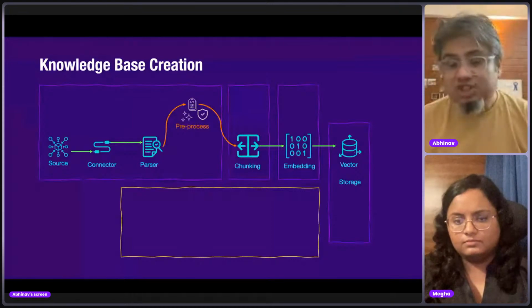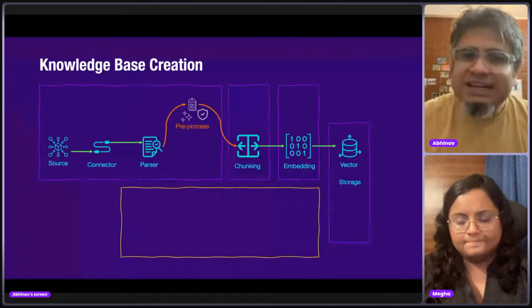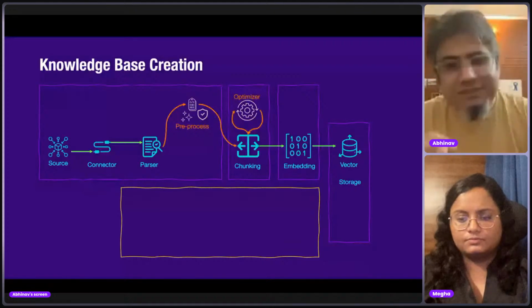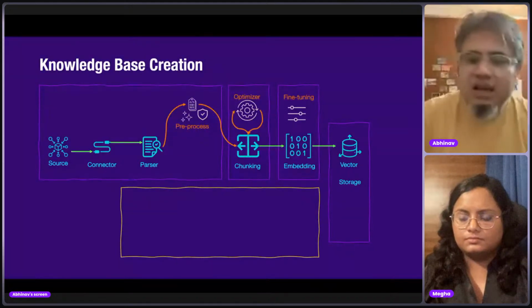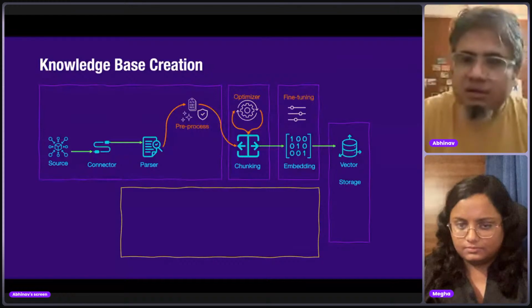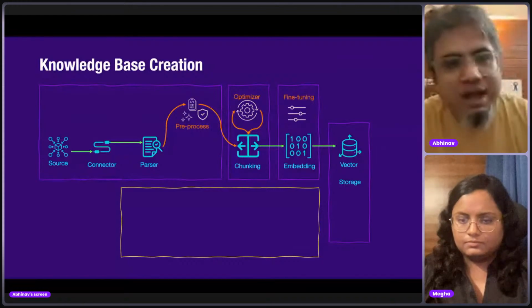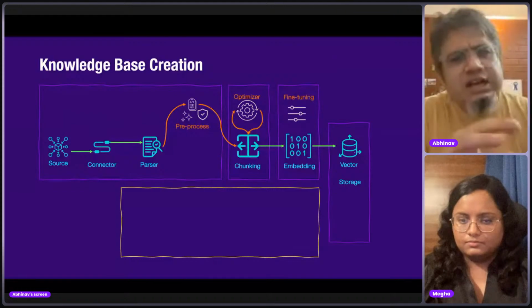Even when it comes to chunking, rather than simple chunking, we have highly optimized chunking. Some of our embedding models we fine tune. I'll not go into details about that, so that the information stored in our vector databases is of high quality. So that's a little bit of enhancement over your traditional vector RAG approach.